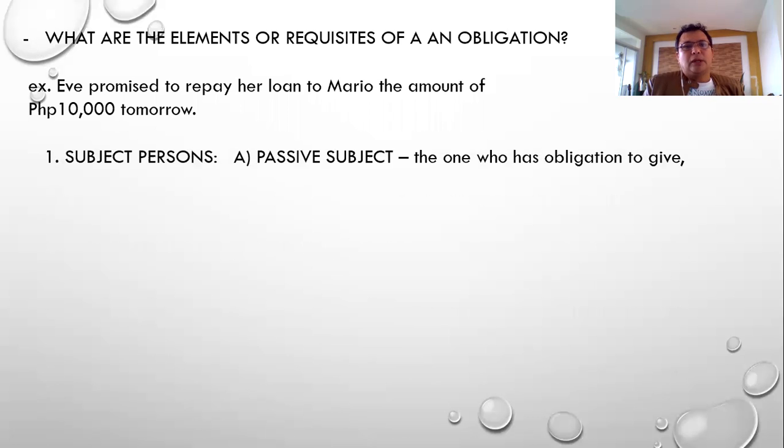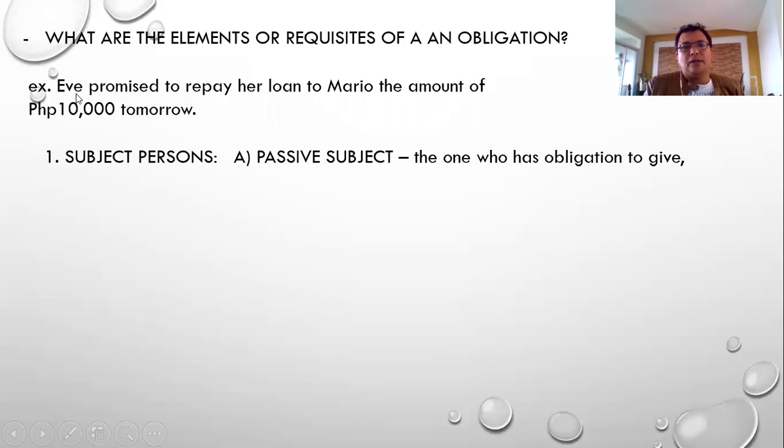So the first elements are the subject persons. The first person is the passive subject. Passive subject is the one who has the obligation to give, or in other words, the obligor or the debtor. So who is the obligor in this case? It's Eve.